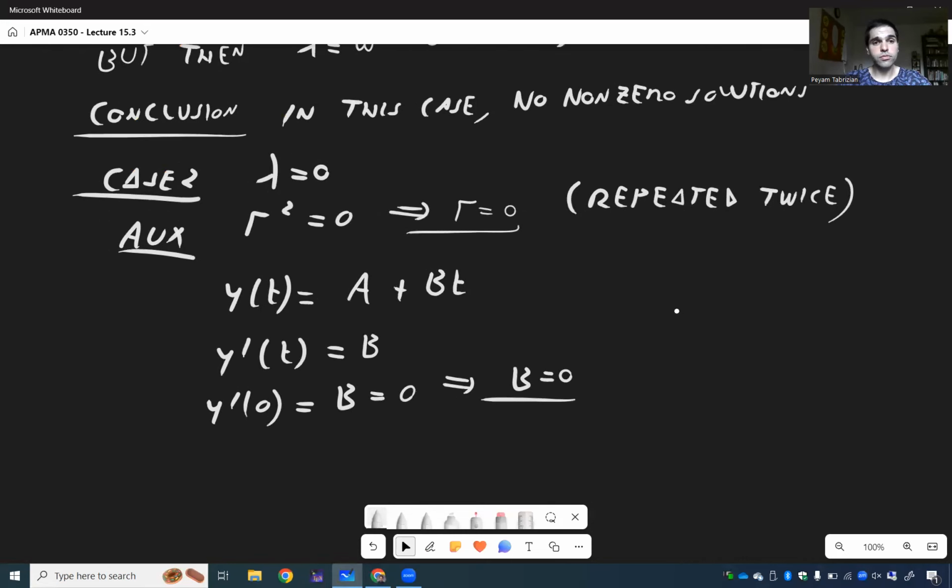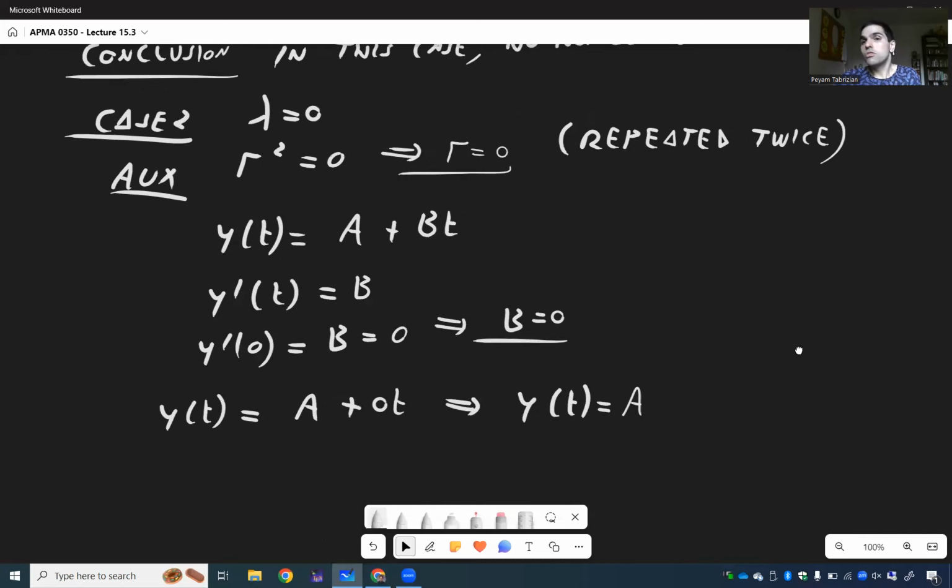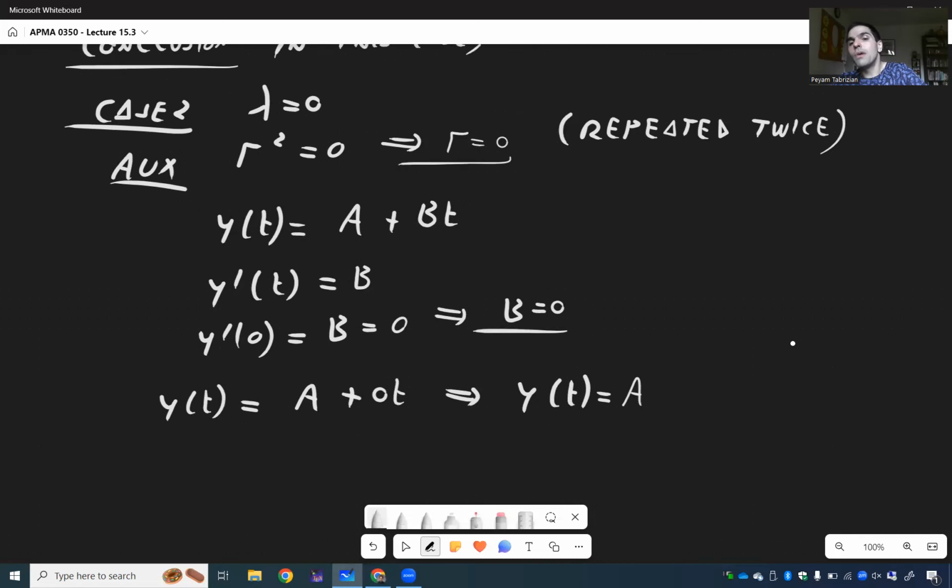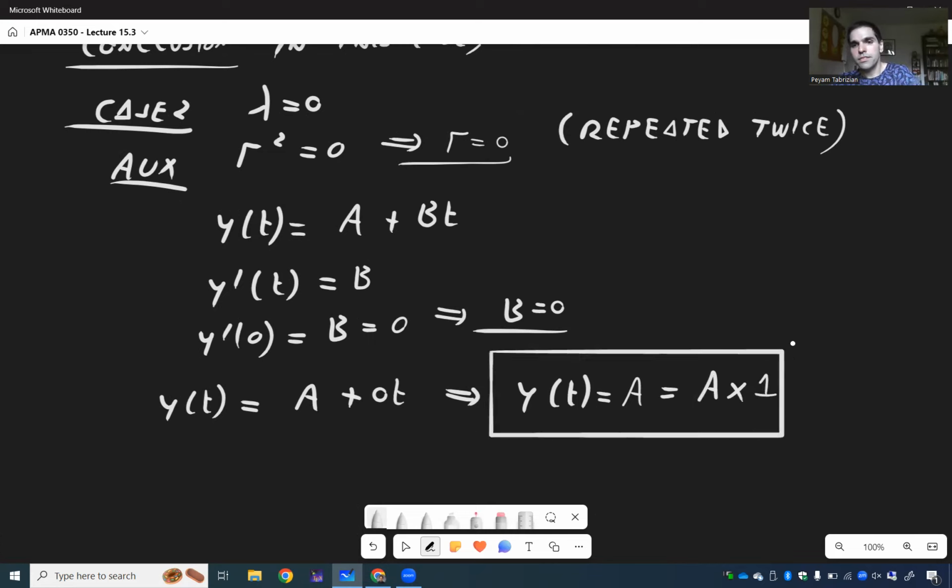In which case, y of t is a plus 0t. So y of t is a, which, you will see later why I do this, we can write as a times 1. So it's really a multiple of 1. So keep this in mind.